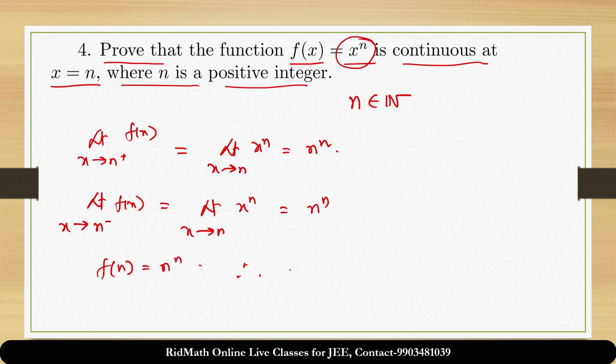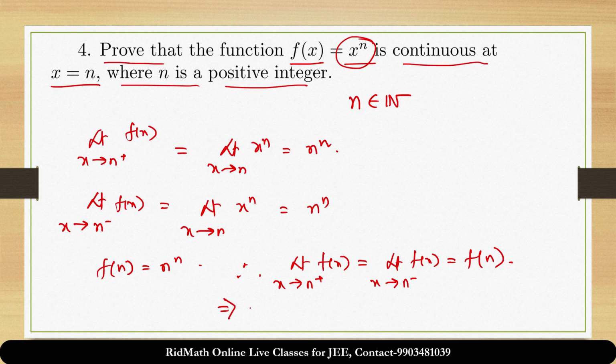So limit as x tends to n plus of f(x) is equal to limit as x tends to n minus of f(x) and f(n). So that implies f(x) is continuous at x equal to n for all n belonging to the natural numbers, because n is a positive integer. So that means n is a natural number.